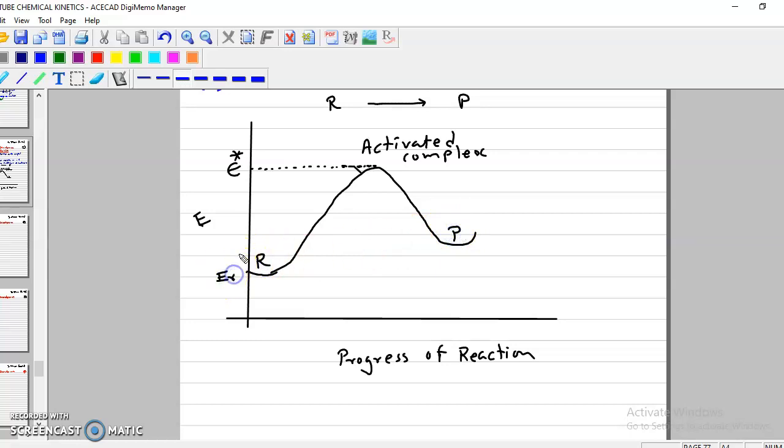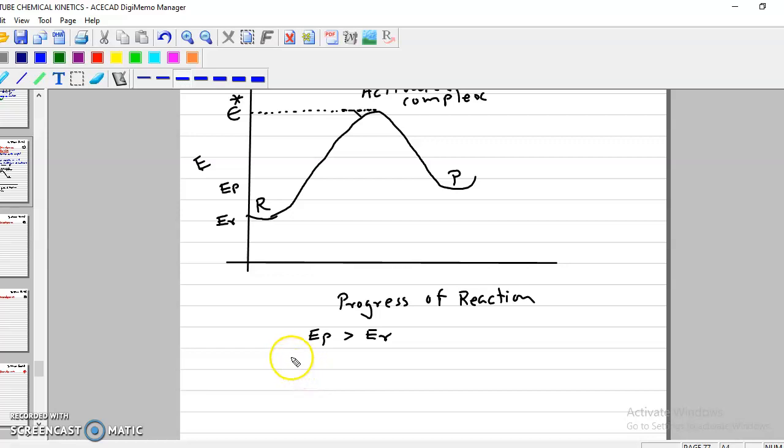This is the energy of reactant and here we have the energy of product. Energy of product is greater than energy of reactant, and therefore if we take the difference, which is called delta E, it is EP minus ER, and as EP is greater than ER, this difference will be positive, and therefore this reaction is called an endothermic reaction.